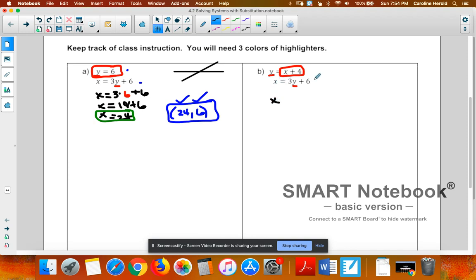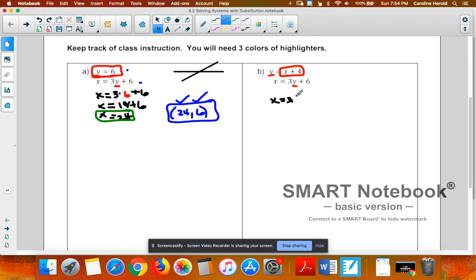Look, it's the same system essentially, except the first equation is an x plus 4 now instead of a 6. So x equals 3, and then I have to multiply that by whatever the value of y is. Well, y is going to be substituted with all of this expression.